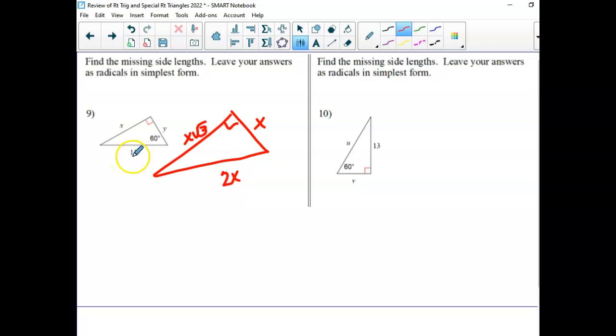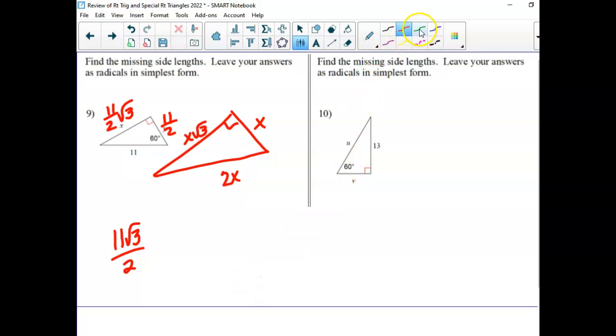So that would be 11 over 2, or I suppose you could use 5.5. And where would that go? Is it the x or the y on this picture? So the y here, the short leg, I'm going to write 11 over 2. If you wrote 5.5, I wouldn't count it wrong. All right, so to get to this side, we're going to do 11 over 2 times the square root of 3, which can also be written 11 square roots of 3 over 2. Either way is fine.